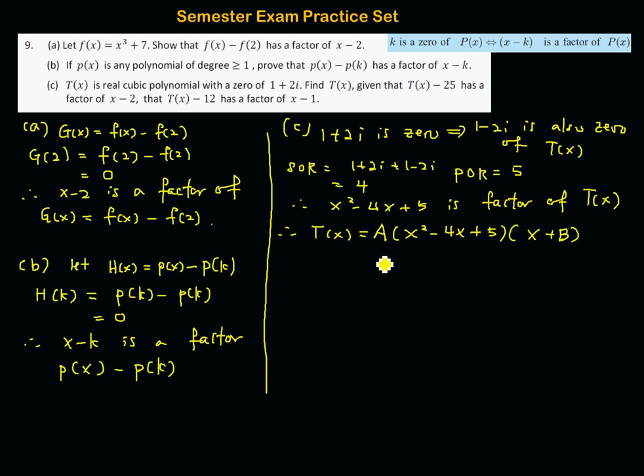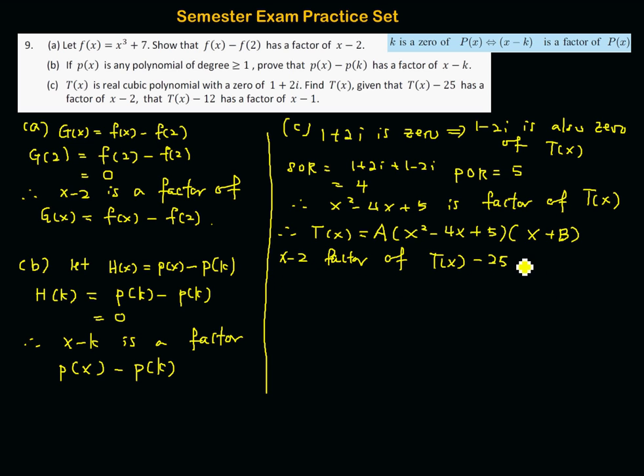We're tasked to find a and b here, and we're going to use the result in part B. Now given that x minus 2 is a factor of t(x) minus 25, if you compare this t(x) to the p(x) here, and assume that p(k) is 25, we have the form of a factor x minus k, or in this case x minus 2.